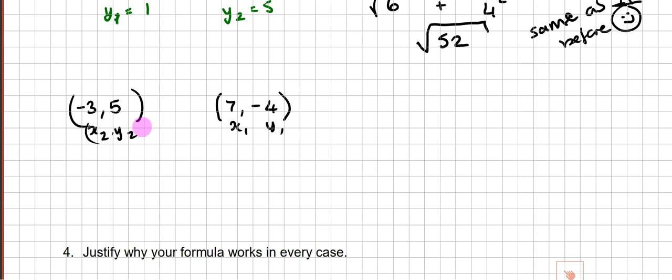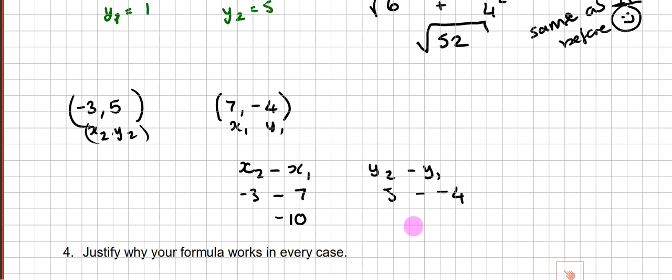Why can I do that? Well, let's have a look. So x2 minus x1 just happens to be negative 3 subtract 7, and y2 minus y1 is 5 minus negative 4. And I get the answer, negative 10 and 9.